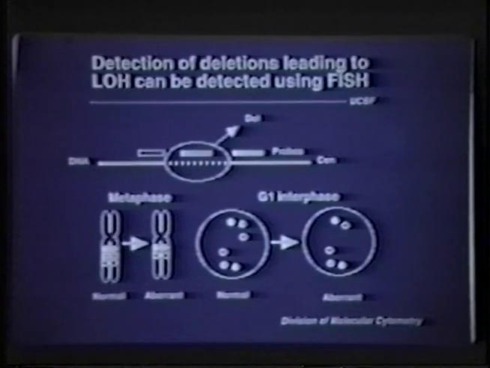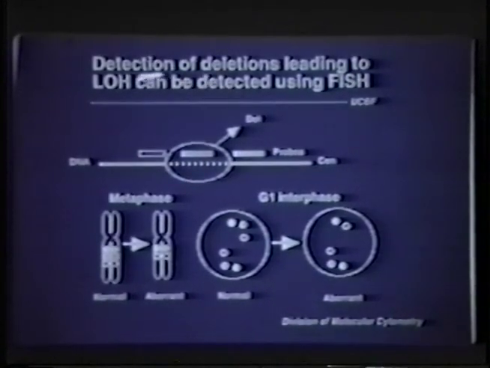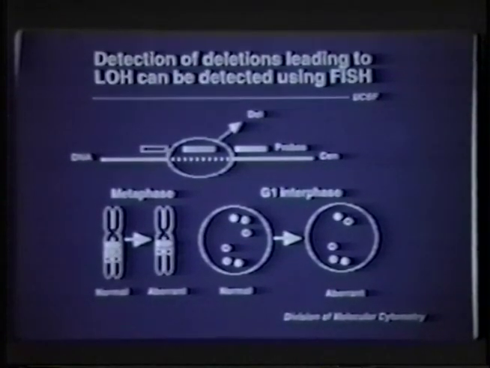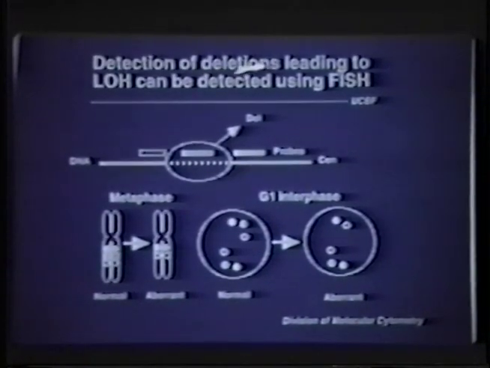in these tumors. Now, the other thing that we've been focusing on is detection of deletions. I mentioned that the tumor suppressor genes are typically activated by the loss of a normal allele, and one of the events that can cause the loss of such a normal allele is a physical deletion.